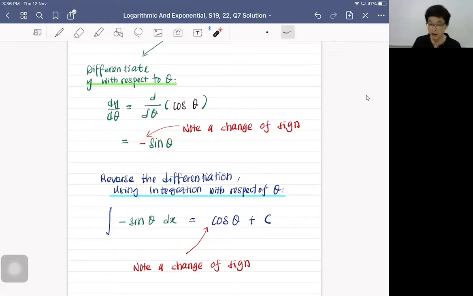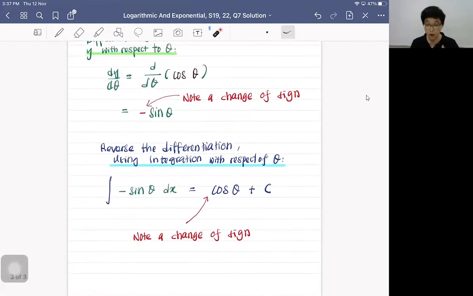And a friendly reminder: differentiating cosine will always incur a change of sign. From cosine we turn it into sine, and from positive we conclude into a negative. That is the result of differentiating cosine: negative sine theta.